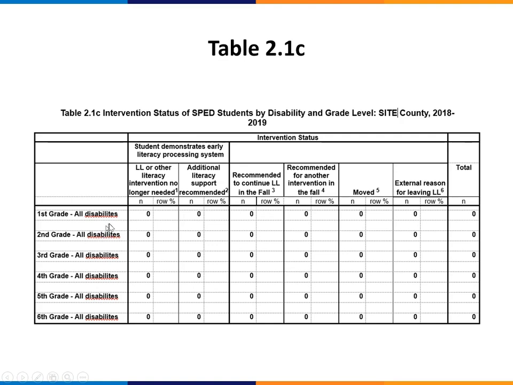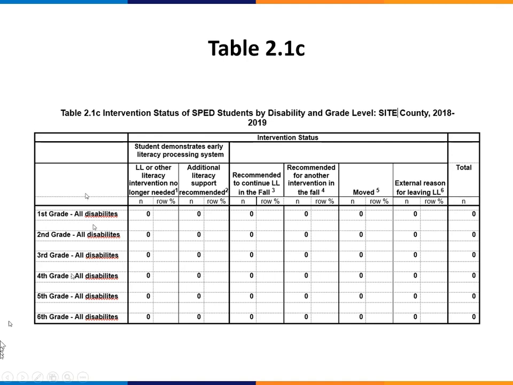Now, once again, like I said, I don't have any data yet in the database, so I can't actually show any real data. But underneath each of these grade levels and all disabilities, it will count up the number of first grade students who had a reported disability. And then below it, even though it's not showing it here, it will report disaggregated by each type of disability reported in your site.